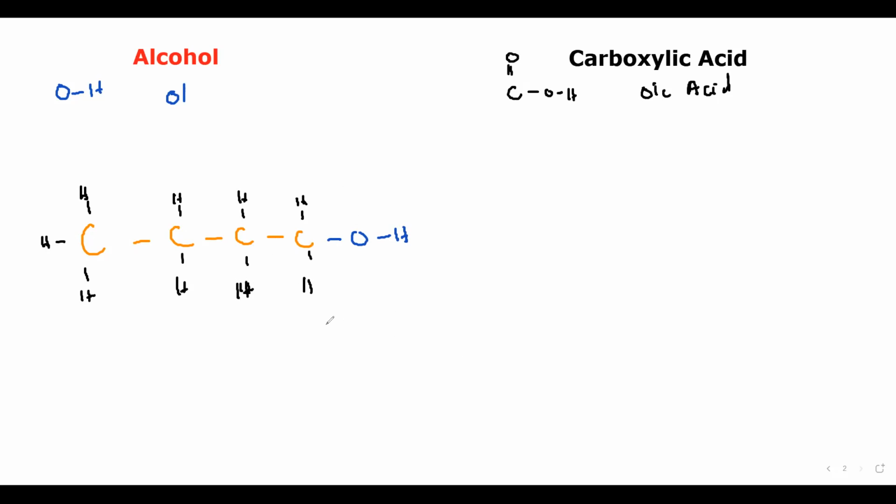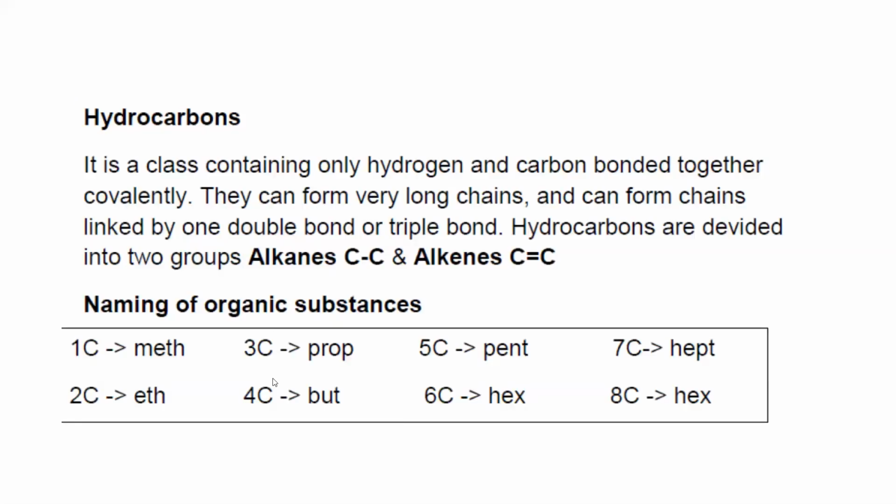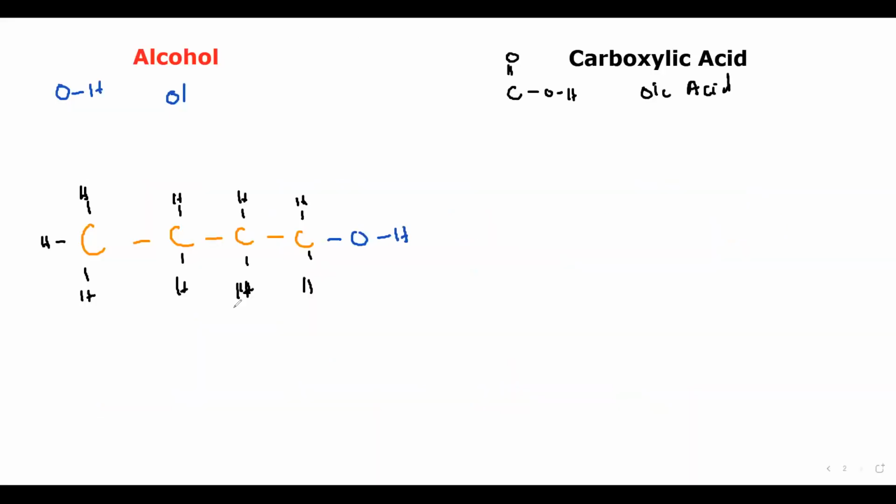How to name? Four carbon atoms are there, so you have to again check what we call a compound with four carbon atoms. If a compound contains four carbon atoms, we call that but. So for four carbon atoms, it will be but.